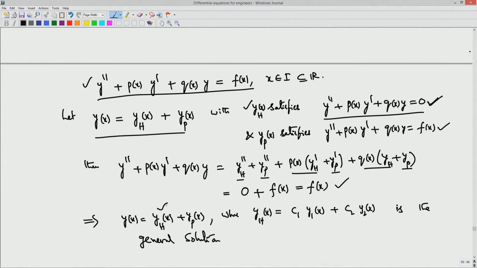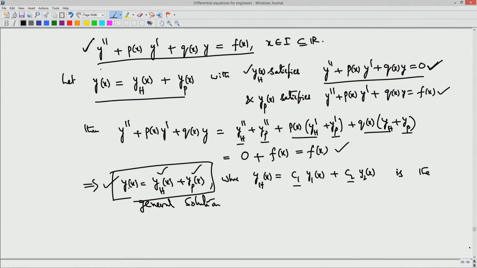So the homogeneous solution plus a particular solution will still have arbitrary constants C1 and C2. So this is the general solution, because it has the same 2 arbitrary constants C1 and C2. It will be the solution of the given non-homogeneous equation.